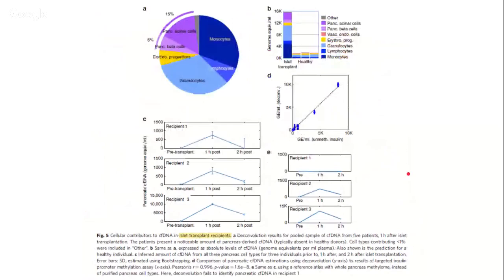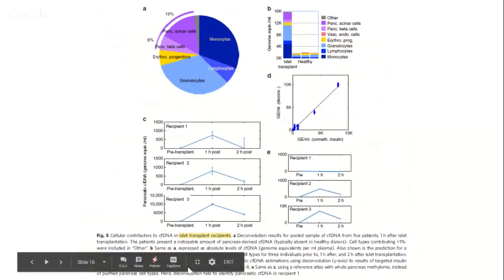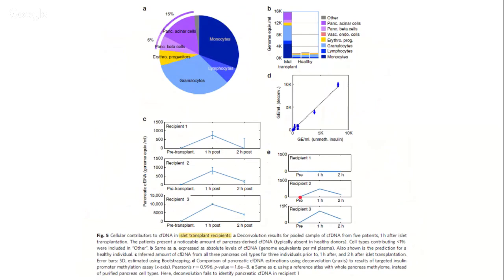What can happen in cases of disease or different conditions, like here the transplant of this diseased individual, I think there's more than one, 3 recipients of this transplant. Well, in this case, this fraction of cfDNA gets altered.